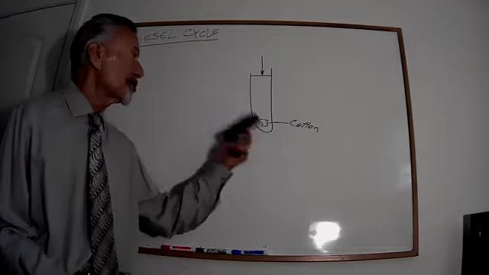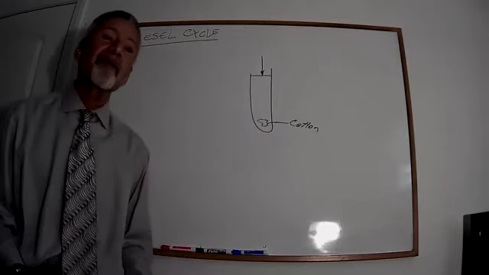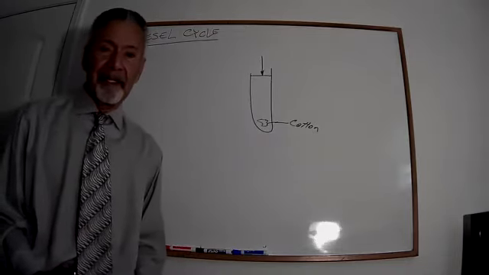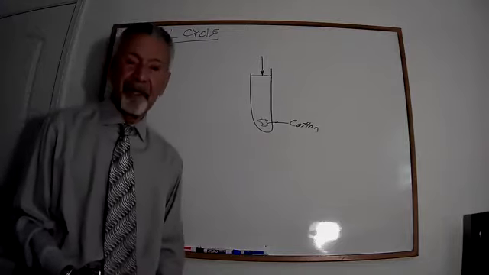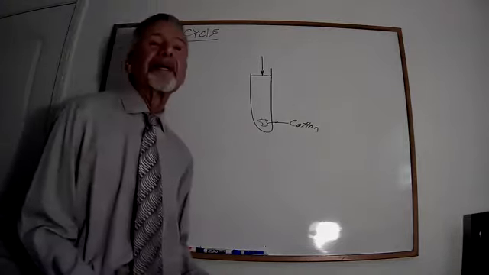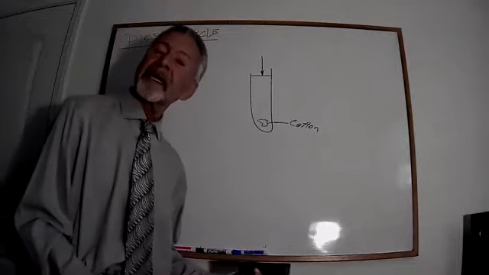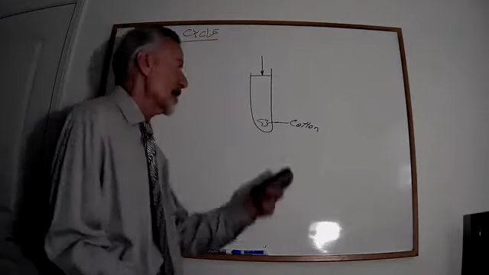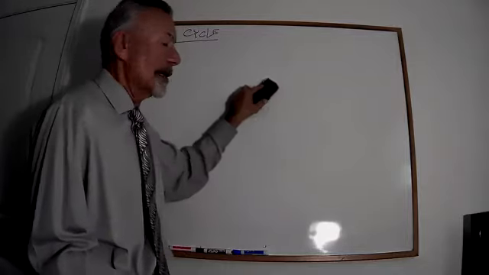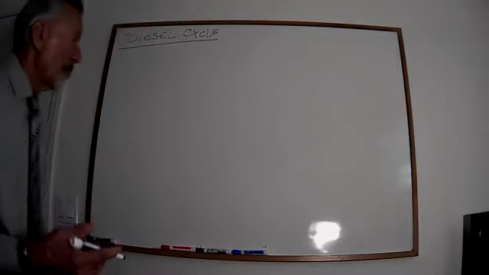That was a genius way, and that's how he came up with the diesel cycle. It was unbelievable. So that's the whole concept that it started, and he built the diesel cycle based on this very simple concept.